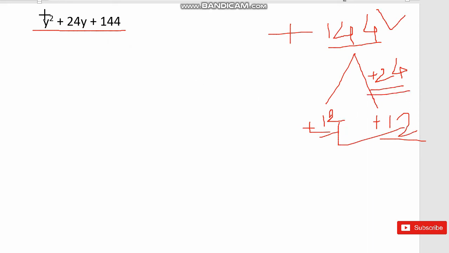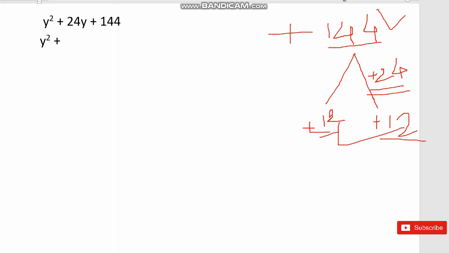So we can use this to solve this expression. Now what we can write here, y square is the first. Now how can we split the middle term?